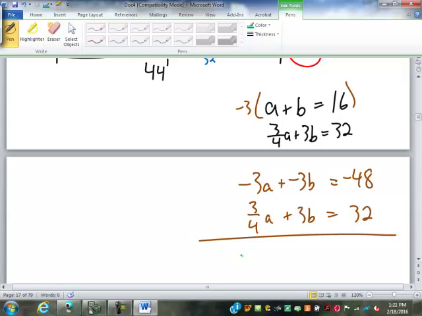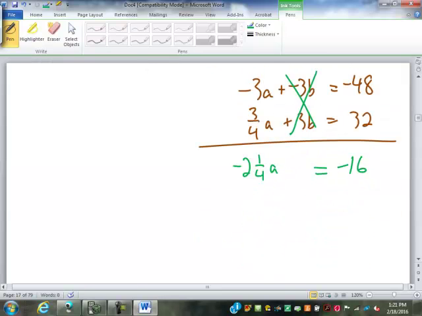Negative 3 plus 3/4 is a negative 2 1/4. Okay. Negative 3b and positive 3b disappear. Negative 48 plus 32 is a negative 16.